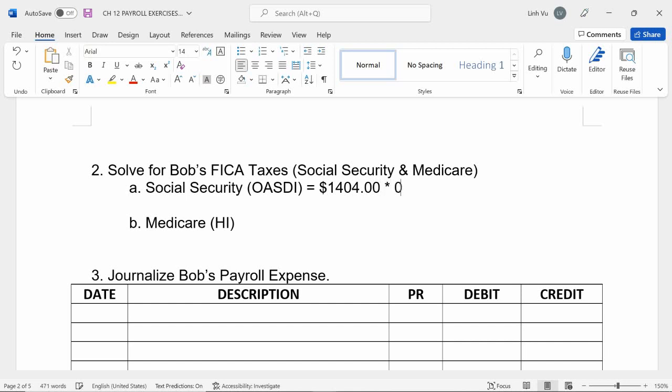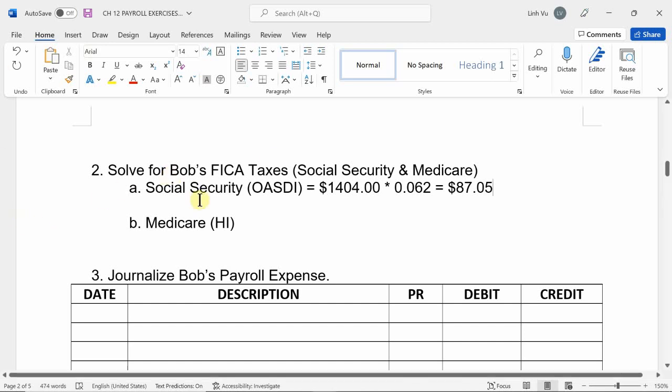So what is your total amount of Social Security if it's 6.2% of gross earnings? $87.048. The federal government tells you to round, so $87.05.